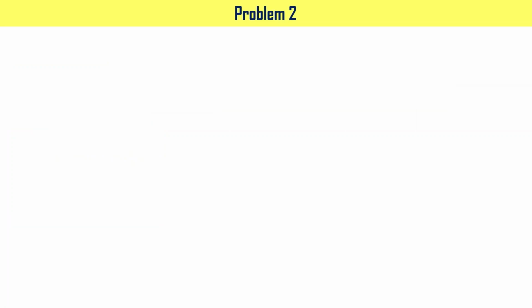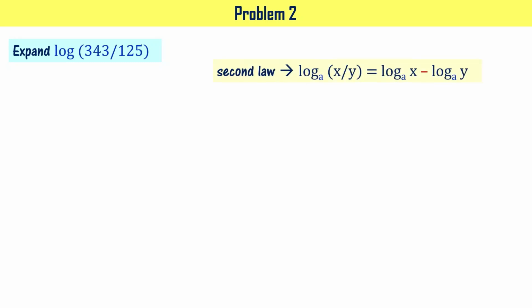Let's take a look at another problem, that is problem number 2. Expand log of 343 divided by 125. Let's quickly recall the second law of logarithms, that is log of x by y equal to log x minus log y, right?